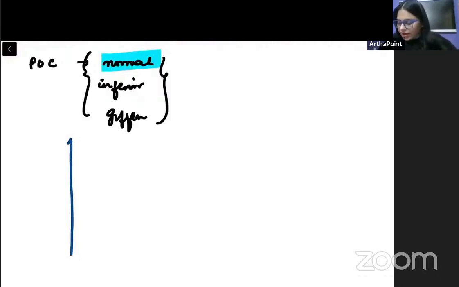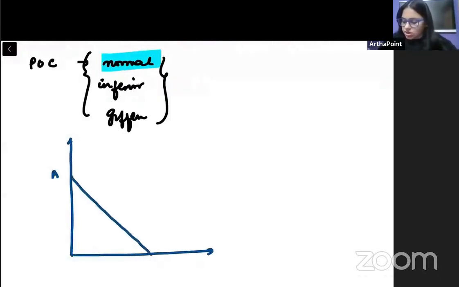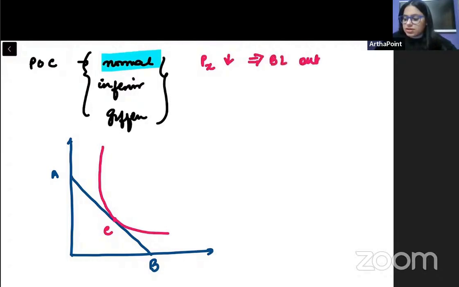If I have this as my budget line, AB is my budget line, and I draw one equilibrium point. मैंने यहाँ पे अपना equilibrium point draw कर दिया. Point E is my equilibrium point. Now, the question tells me that price of good X has decreased. It means that my budget line will pivot outwards. Budget line बाहर की तरफ चली जाएगी.